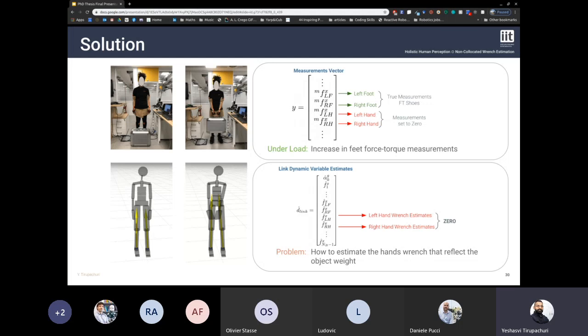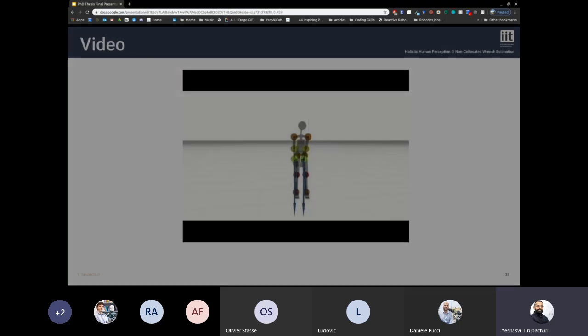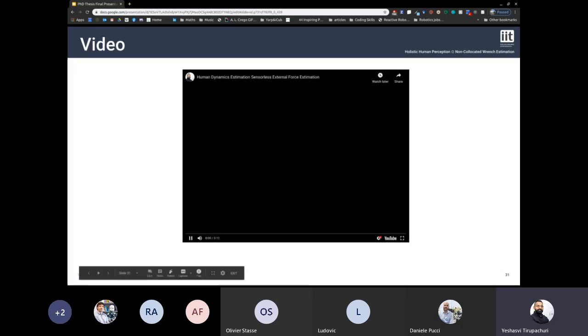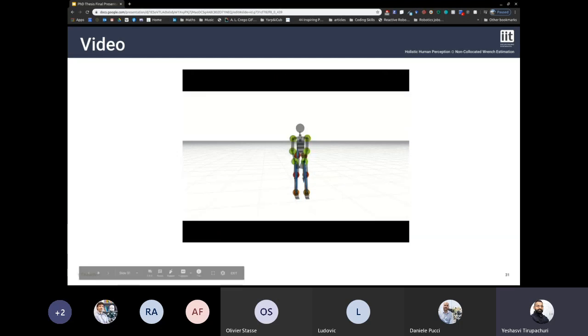So revisiting the problem before, previously we were estimating the link wrench estimates at the hands to be 0, but now thanks to this new formulation and consideration of centroidal dynamics, we can push the estimates at the hands to reflect the object weight without having any sensors. Now let's look at a small video where the human is performing the lifting of an object, and you can see the non-collocated wrench estimation that reflects the weight of the object at the hands.